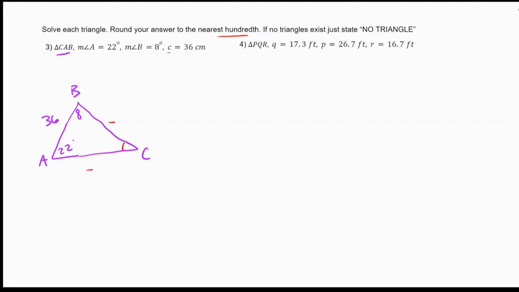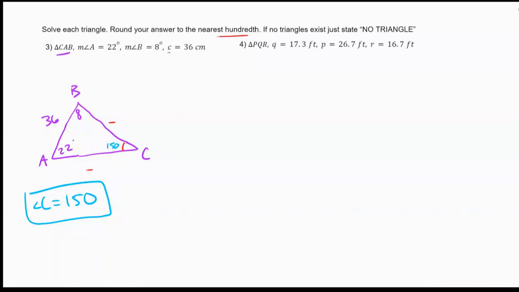So I'm going to start with the angle because since I have two angles, I'm just going to subtract them both from 180, and that tells me that angle C is 150. So angle C equals 150. There's my first piece of information. Now I'm going to go ahead and use the law of sines to help me solve the other two.